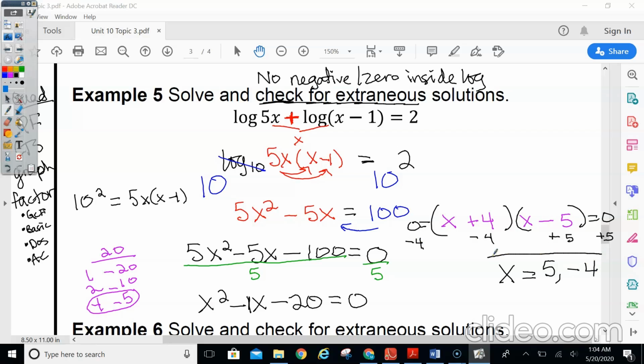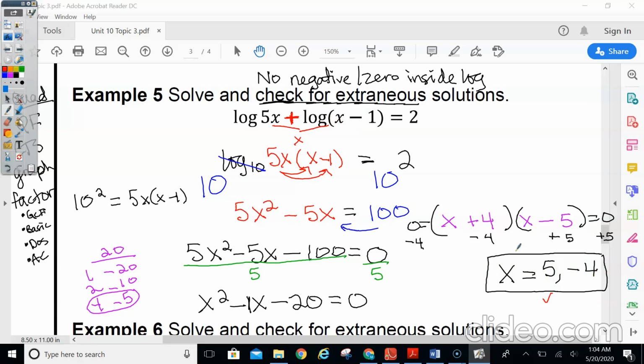So these are the possible solutions, but I have to check them. When I plug in 5, 5 times 5 is 25, which is okay. And I plug in 5 here, 5 minus 1 is 4, and that's okay. So if I combine them and check, we would be fine there. So this one's good.